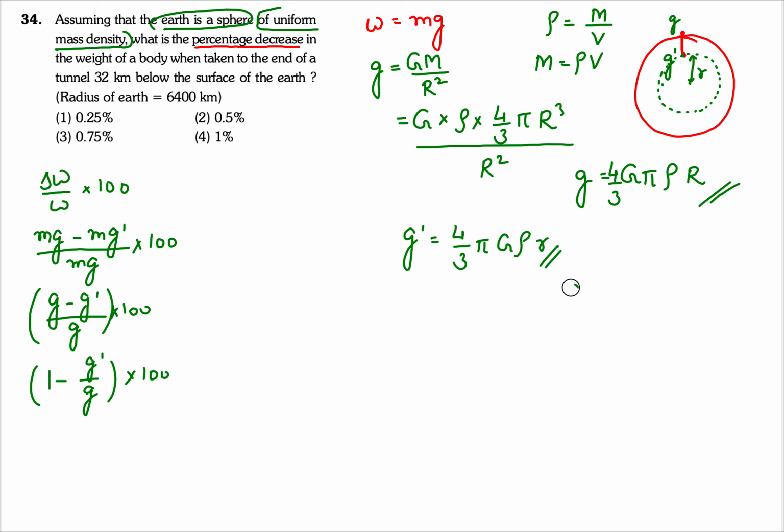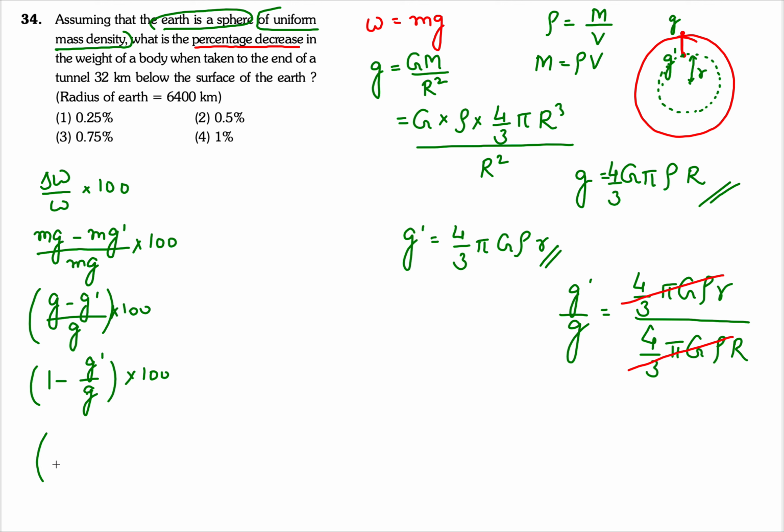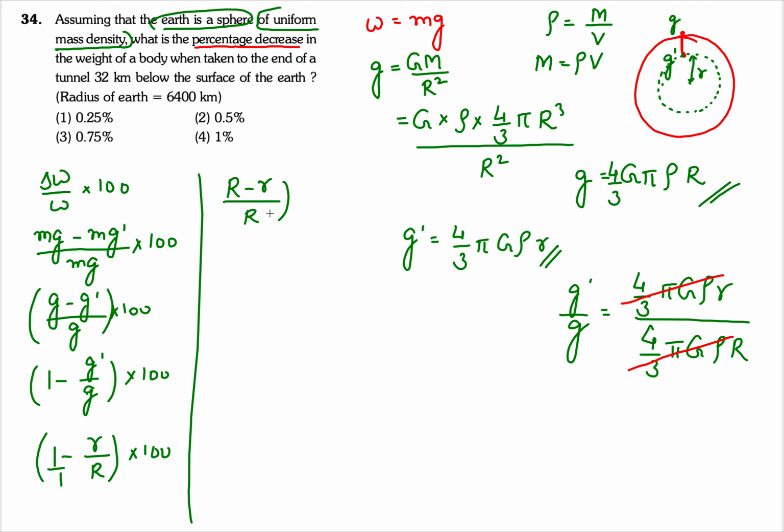So g dash upon g will be 4 upon 3 pi capital G rho r upon 4 upon 3 pi capital G rho capital R. All other things will be cancelled out, all these things are constant, we will only have small r upon capital R. So instead of g dash upon g, we can put small r upon capital R multiply 100, and by taking LCM it will be capital R minus small r whole upon R multiply 100.